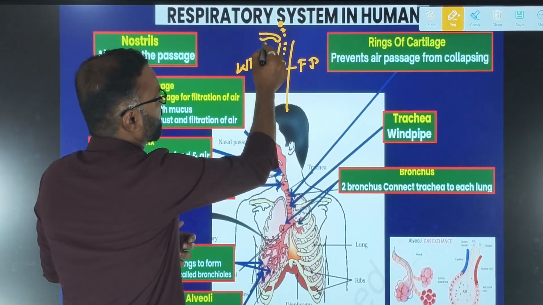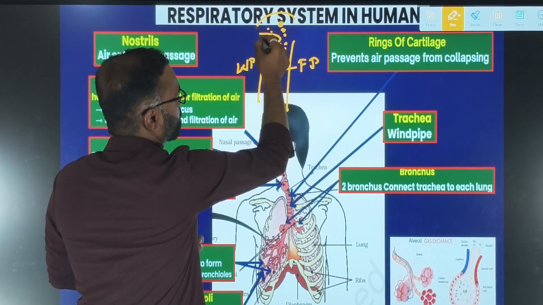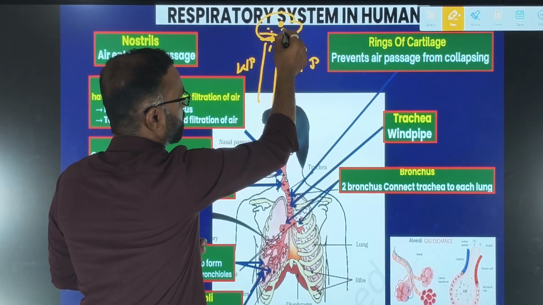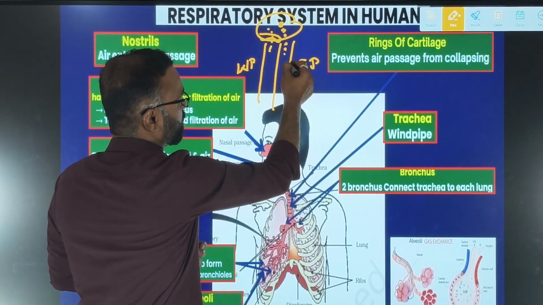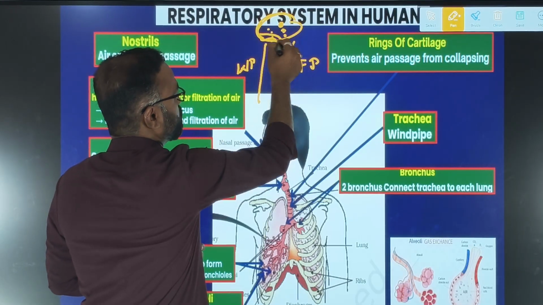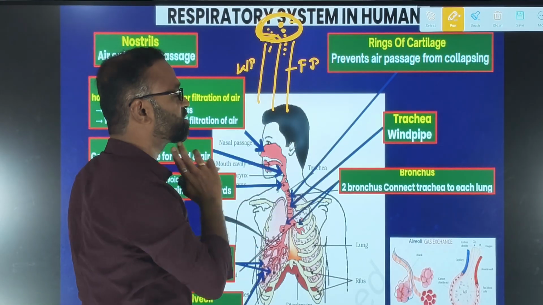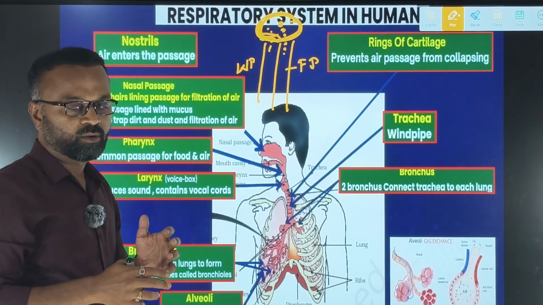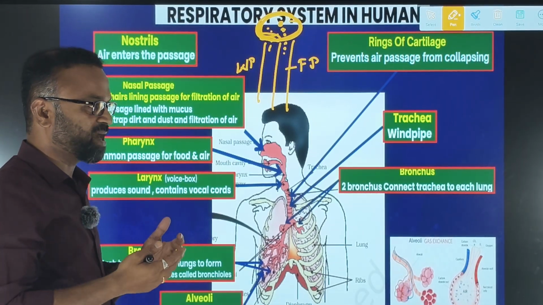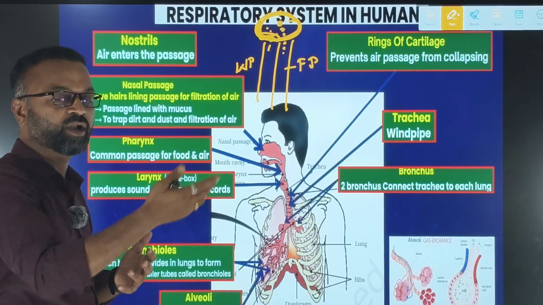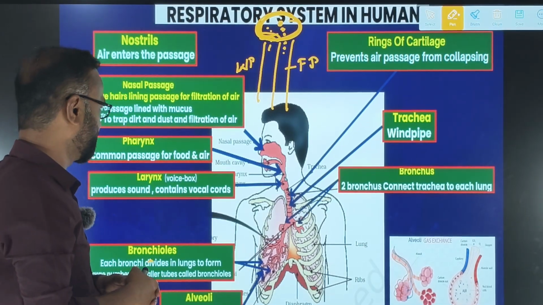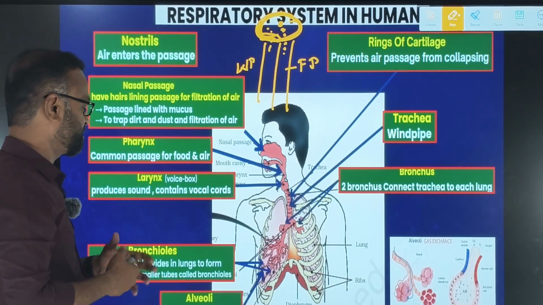Whenever we take air, it goes through this passage only. Whenever you swallow food, the food particles also go to the food pipe through this passage. So this is a common passage for passing the food as well as the air. Hope the pharynx is clear.